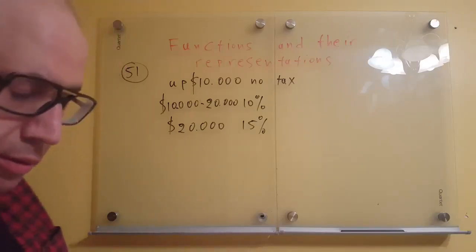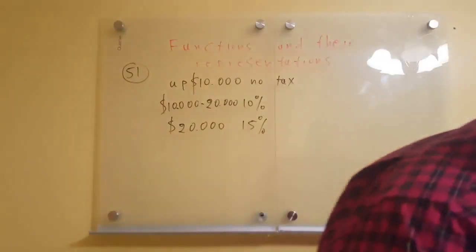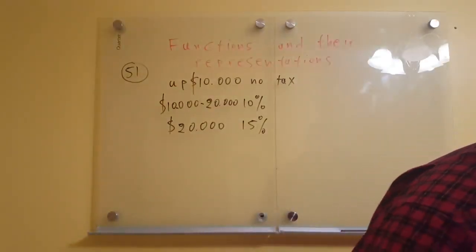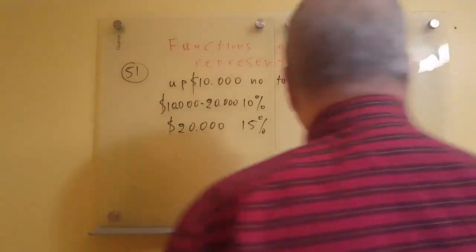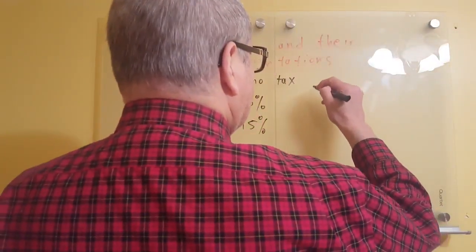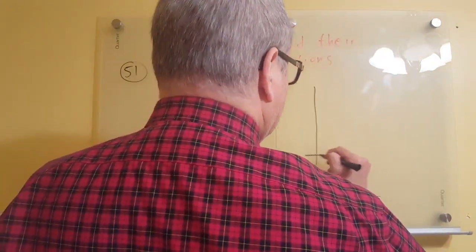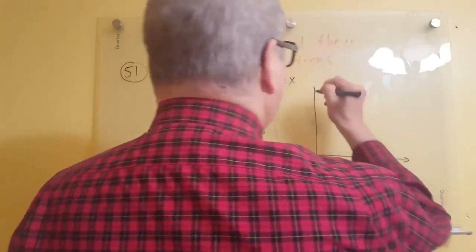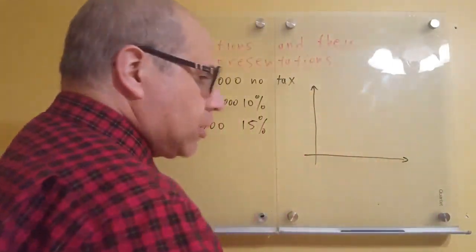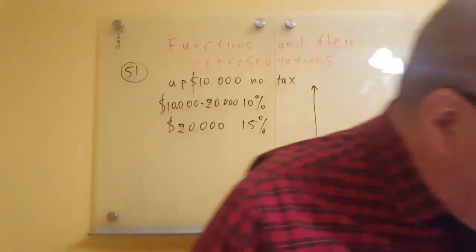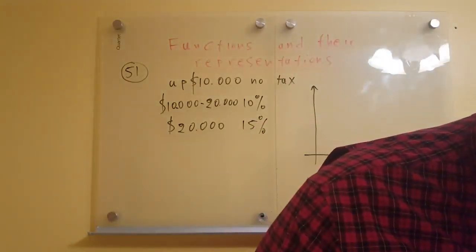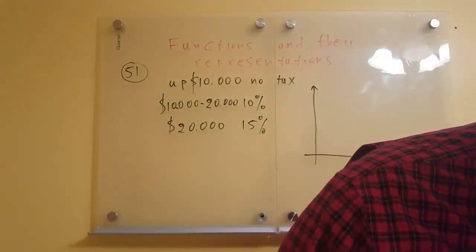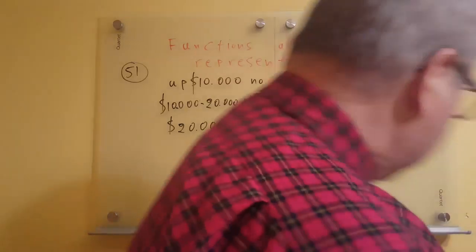Okay, so let's do the graph here. This is a graph of the tax rate as a function of income.